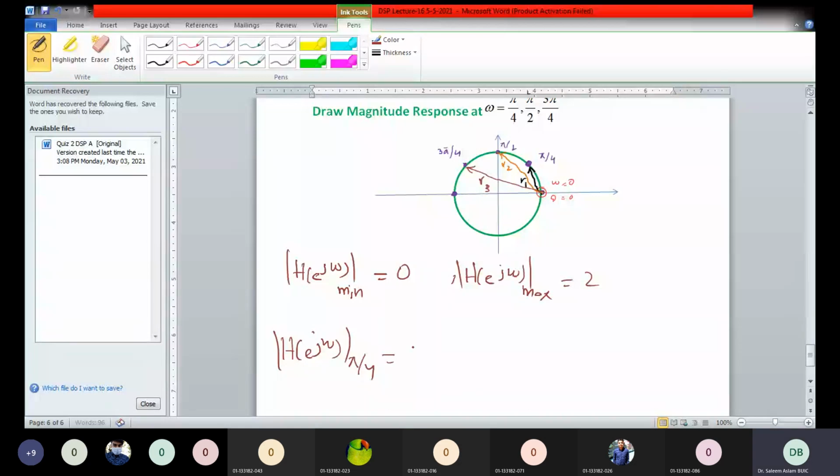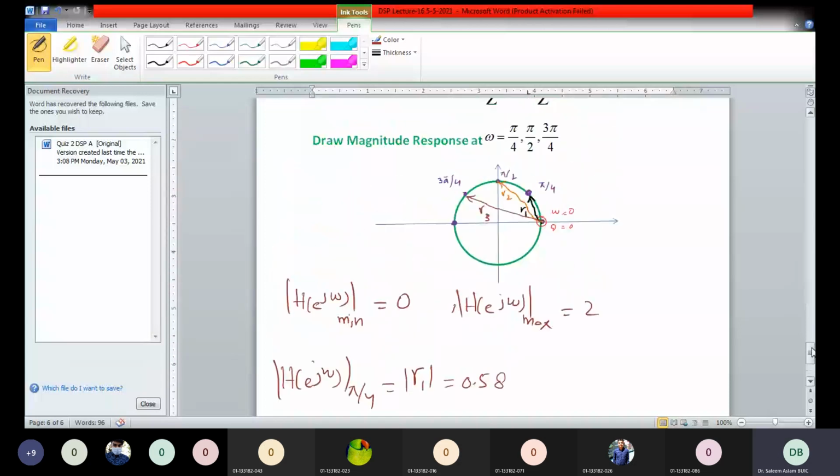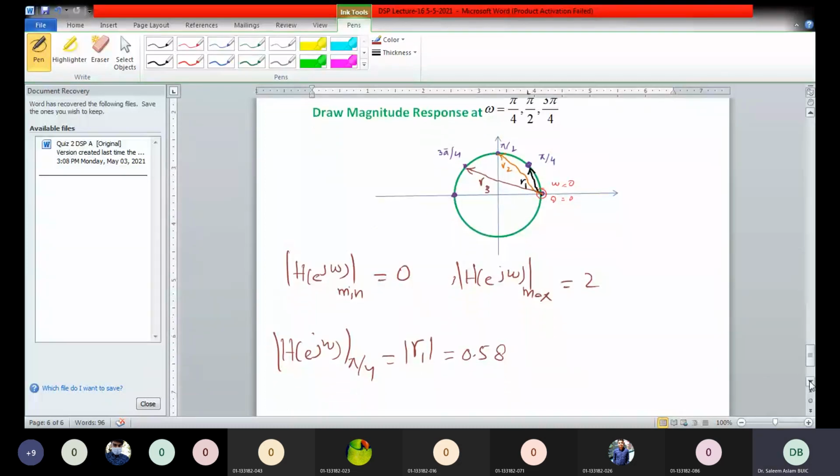It's simply a length of r1 mod, and let's roughly say it is 0.58 roughly, right? So let's assume it's 0.58. What about H(e^{jω}) at ω is equal to pi by 2?